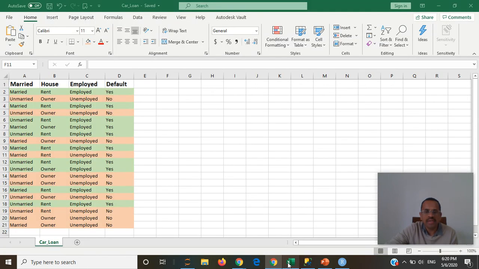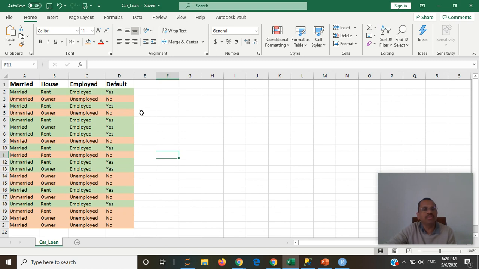So to create that example, I created an Excel sheet with three attributes and one target. Suppose I'm running a company bank and I'm giving a loan for purchase of a car or something, and I want to make sure whether the person who is taking the loan will default on that loan or not.